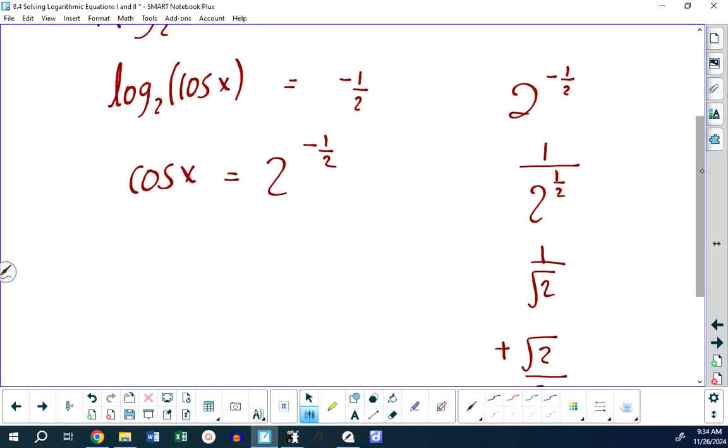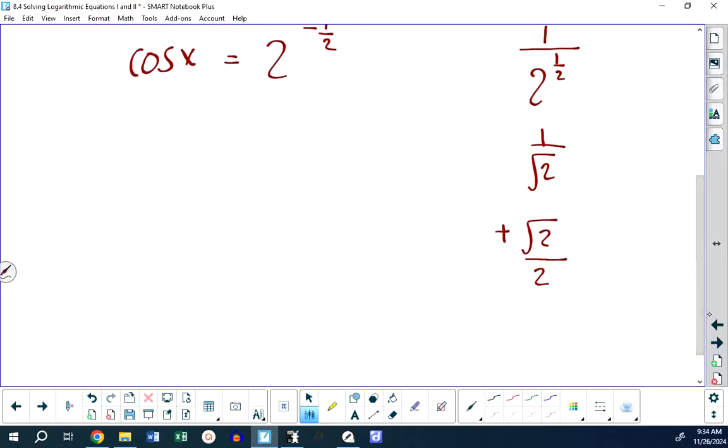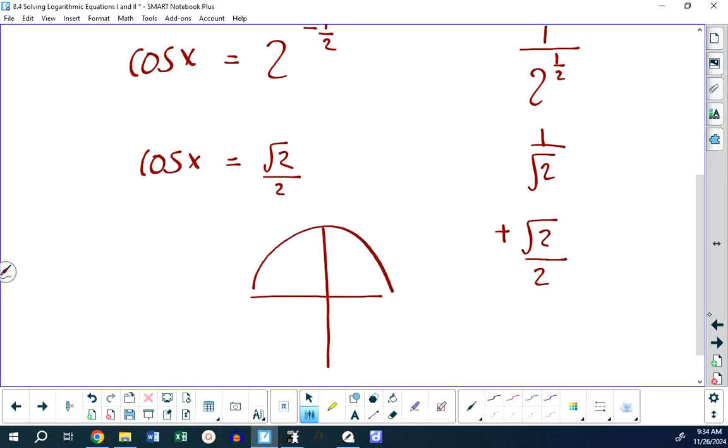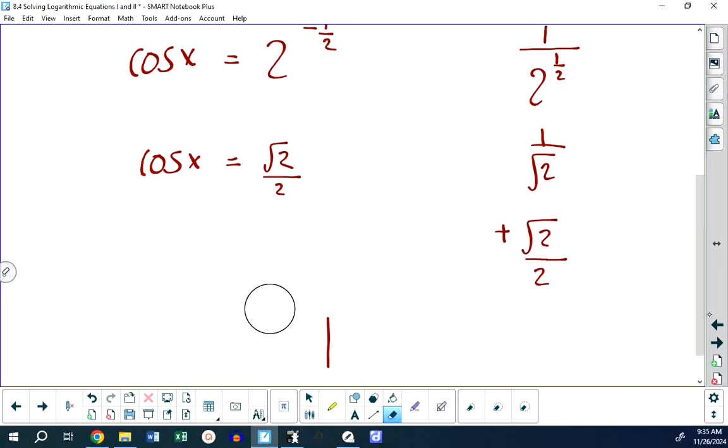We are looking now on the unit circle of where cosine of x equals root 2 over 2, which is at those pi over 4 reference positions. I've made a mistake.